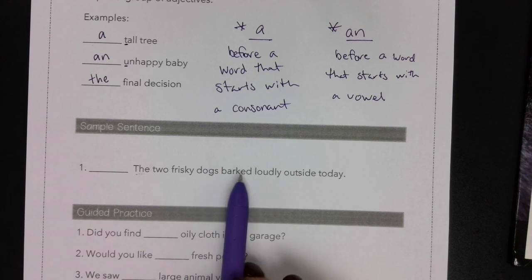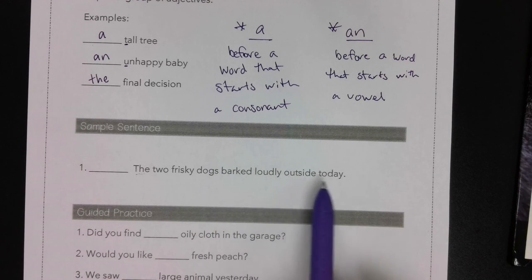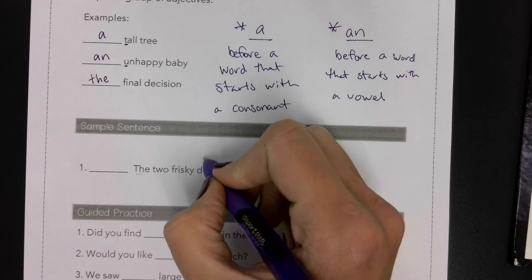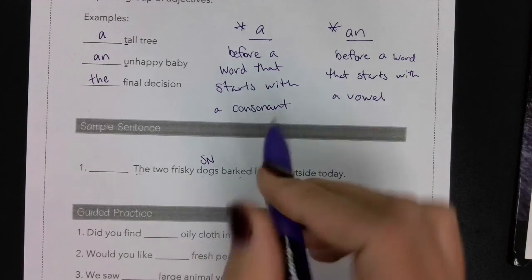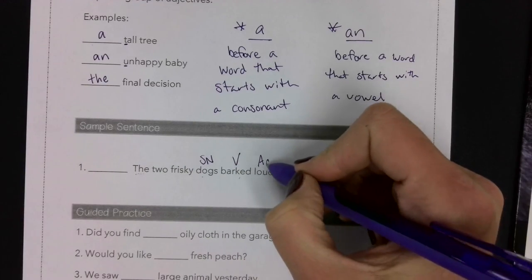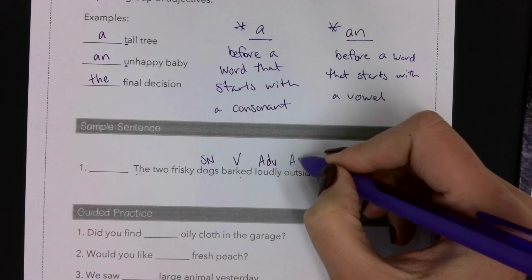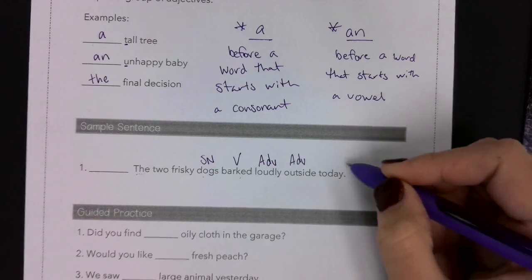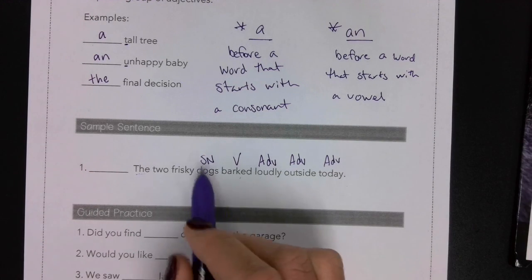The 2 frisky dogs barked loudly outside today. What barked loudly outside today? Dogs. Subject noun. What is being said about dogs? Dogs barked. Verb. Barked how? Loudly. Adverb. Barked where? Outside. Adverb. Barked when? Today. Adverb.